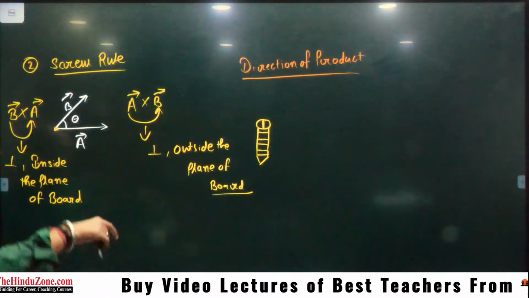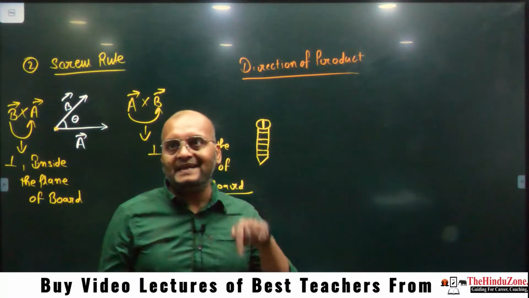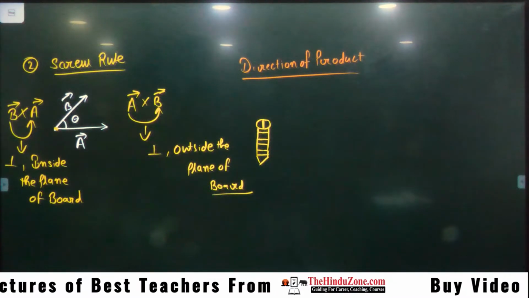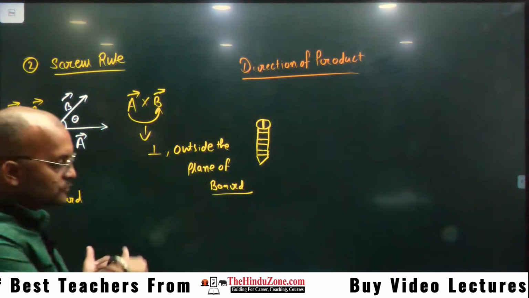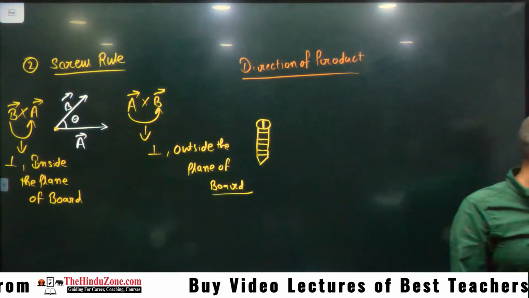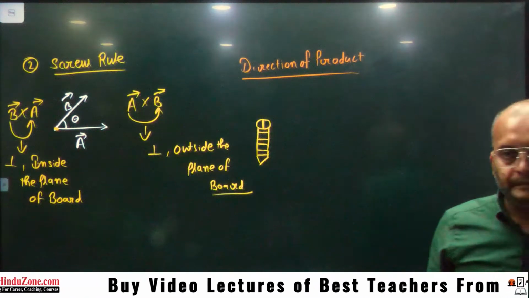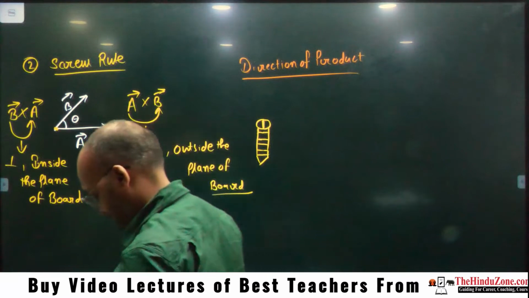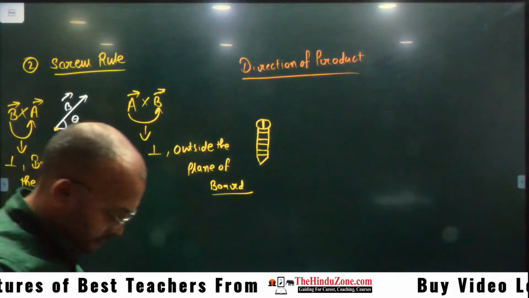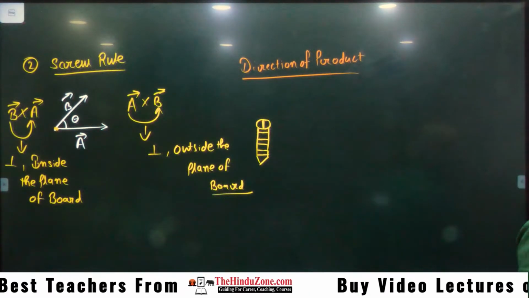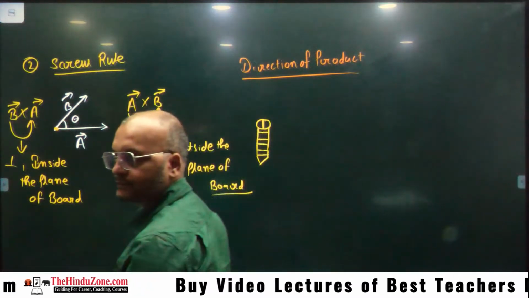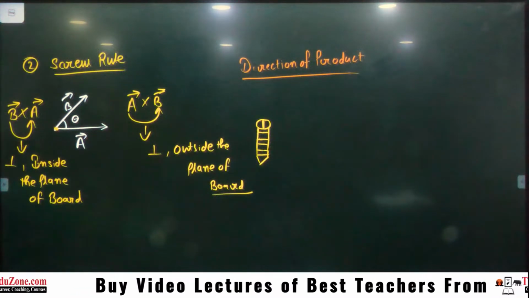In your notebooks, B cross A will be inside the plane of your notebook, and A cross B is outside the plane of your notebook. Note it down. Done? Done?